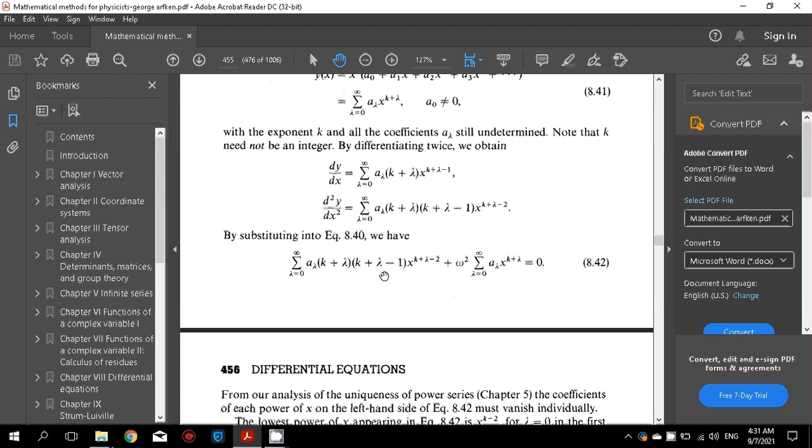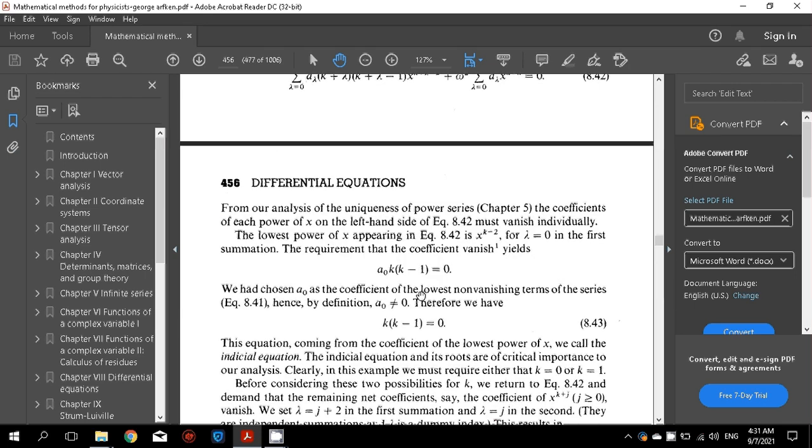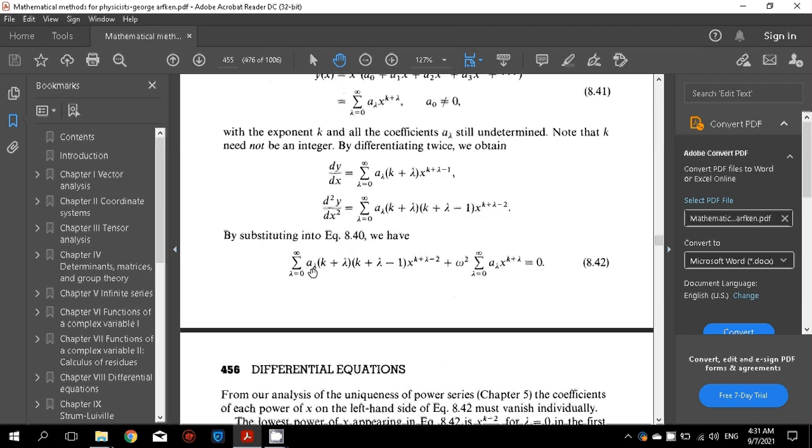If you look at the first term, the minimum power of x with lambda equal to 0 comes out to be k minus 2. So we will have the equation a naught into k into k minus 1, because we have substituted lambda equal to 0 into x power k minus 2.